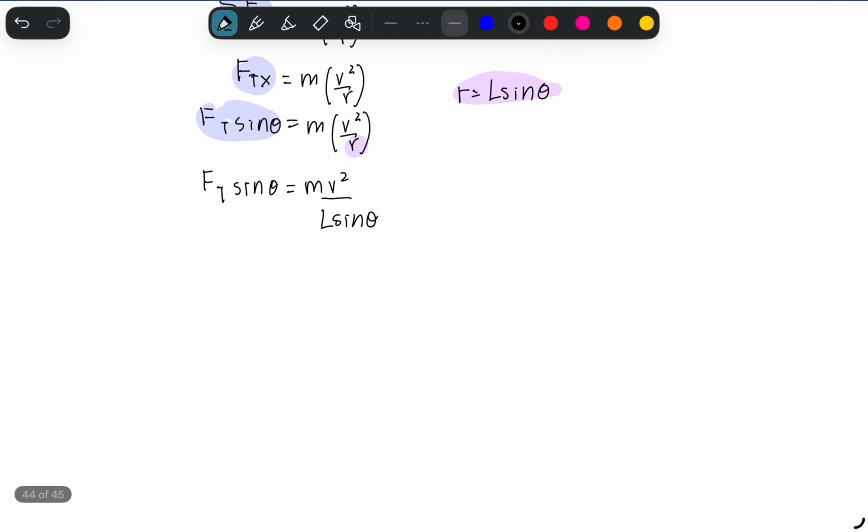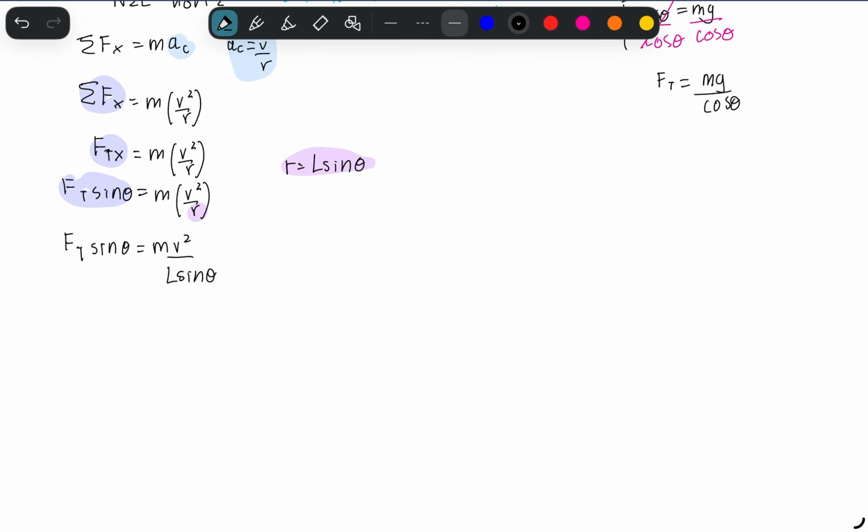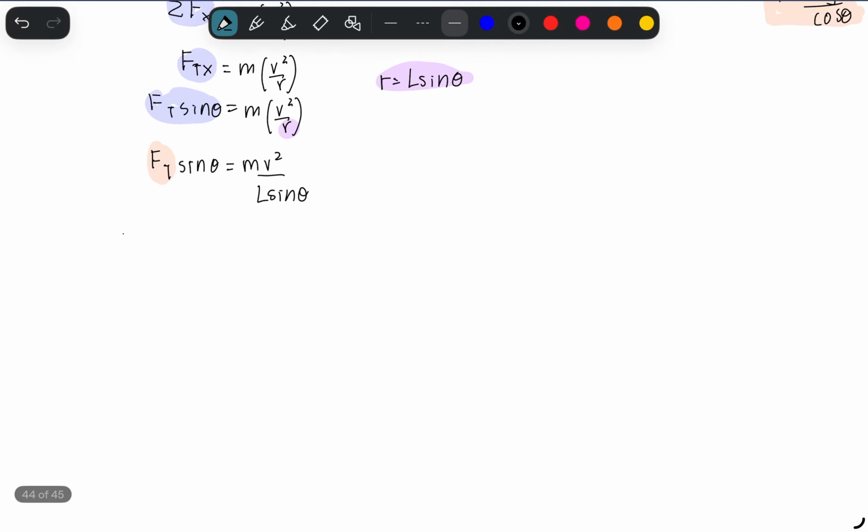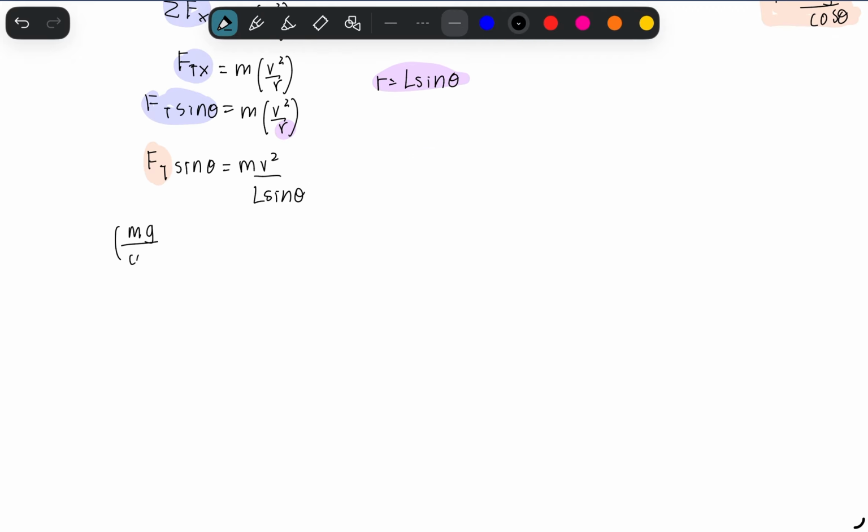From above, we already had that Ft is equal to mg over cosine theta. So we'll take that expression and substitute it in for Ft over here, giving us mg over cosine of theta, times sine of theta, is equal to m times v squared over L sine of theta.